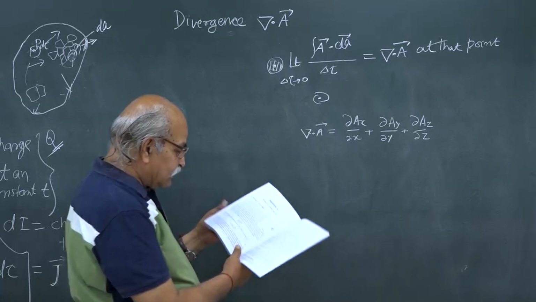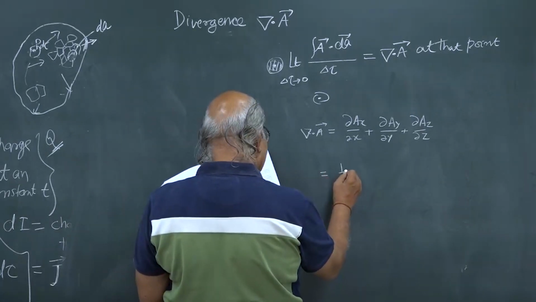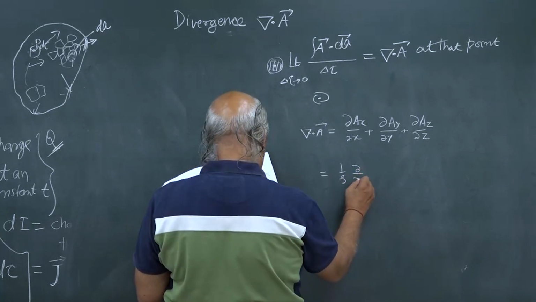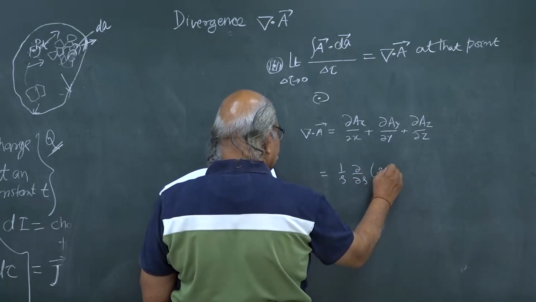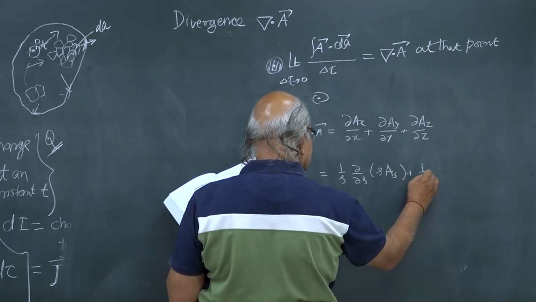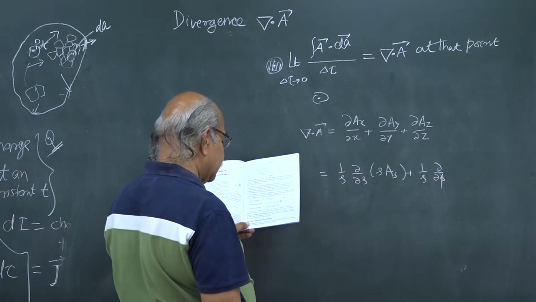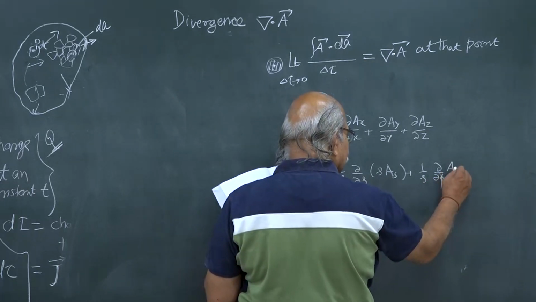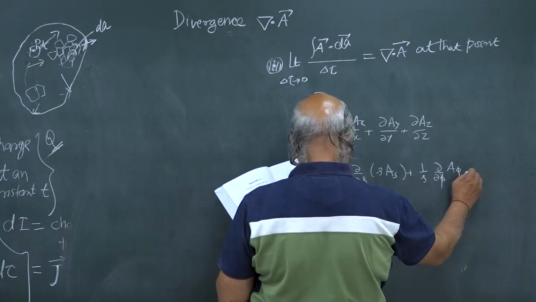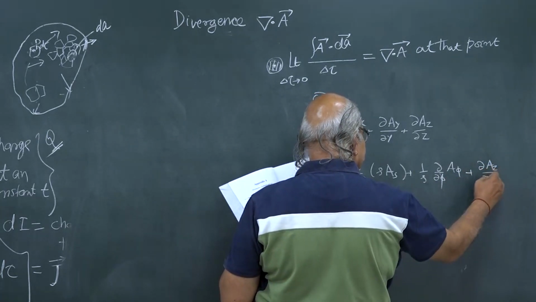And if you are using cylindrical coordinates, then it is 1 over s del s of s As, plus 1 over s del phi of A phi, and plus del Az del z.